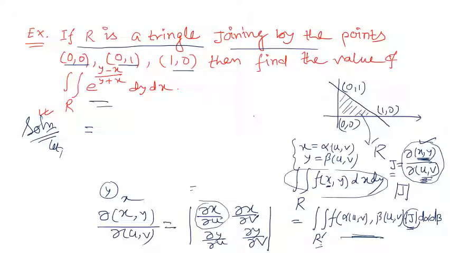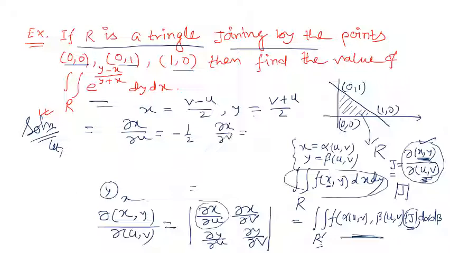I have already written that x equals (v minus u)/2 and y equals (v plus u)/2. So ∂x/∂u means just differentiate this with respect to u, so it will be minus half, right? Similarly, now calculate ∂x/∂v. ∂x/∂v means half, right? As you can see here, ∂x/∂v means half.